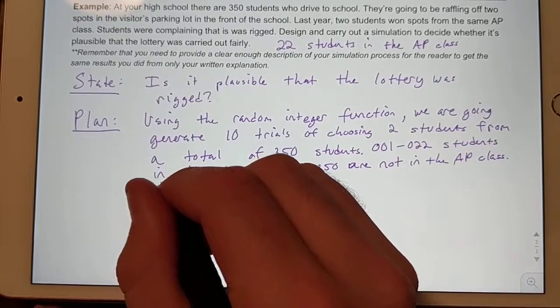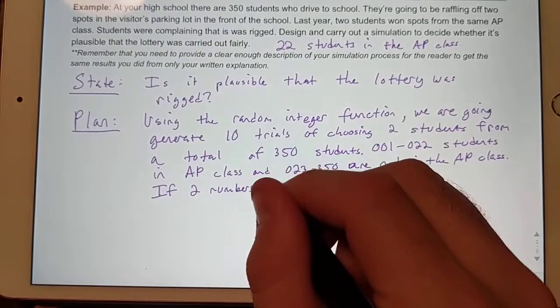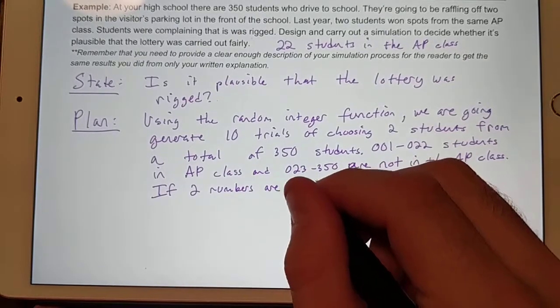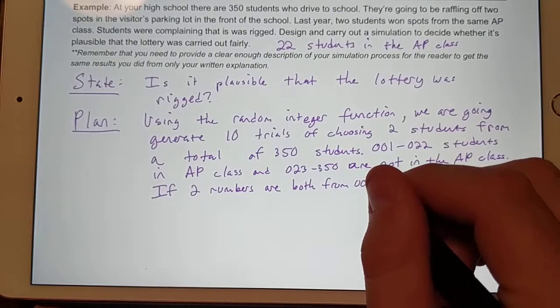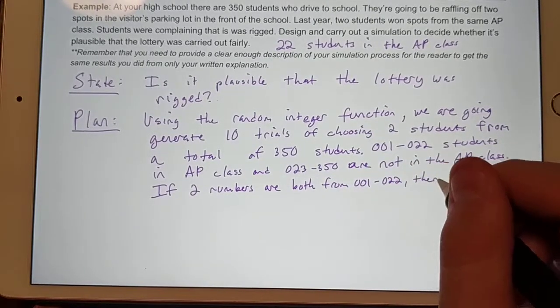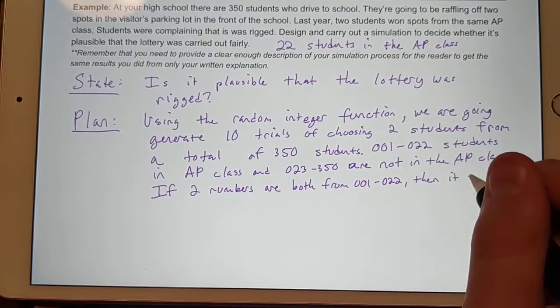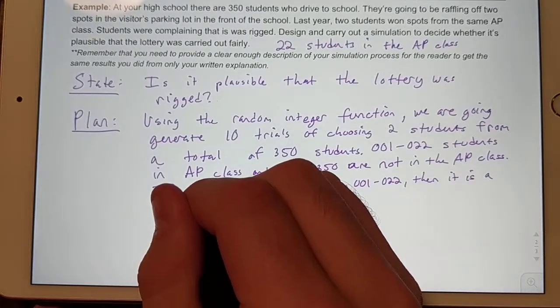So if 2 numbers are both from 001 to 022, then it is a successful trial.